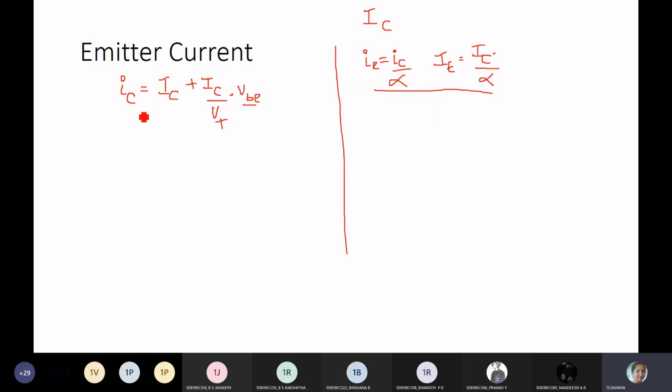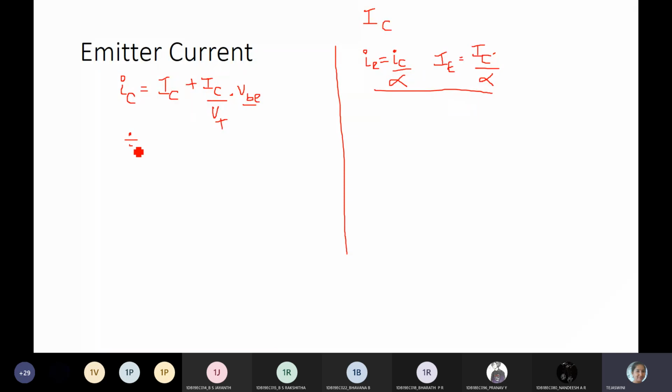Now, if I want to get IE, what am I supposed to divide on both sides? Just go through the IB base current derivation. What did we divide on both sides to get IB? You already have IC. If you want IB, we divided on both sides by beta. Similarly, if you want IE, what am I supposed to divide on both sides, left and right side? Alpha.